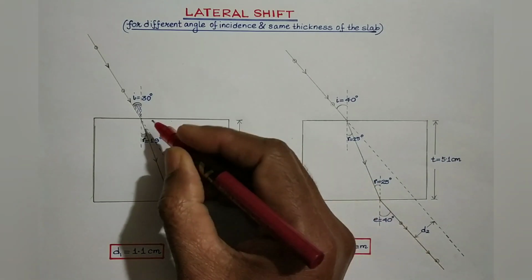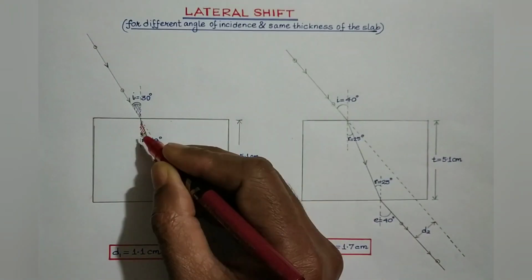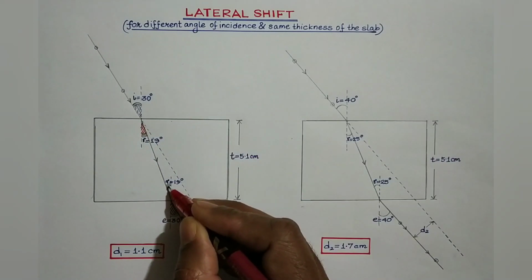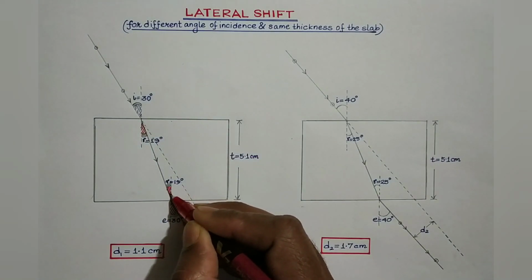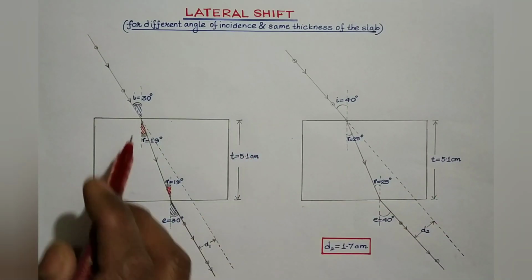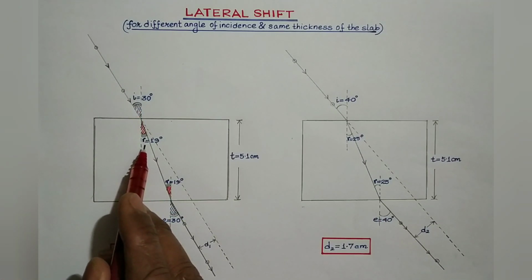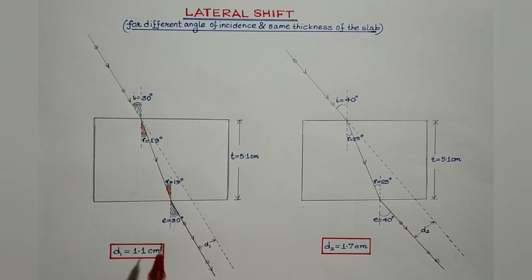And obviously students, this is the angle of refraction, and this angle would be equal to this angle, pair of alternate interior angles, right? So this is the diagram for angle of incidence 30 degree. Here the angle of refraction comes out to be 19 degree and angle of emergence is again 30 degree.